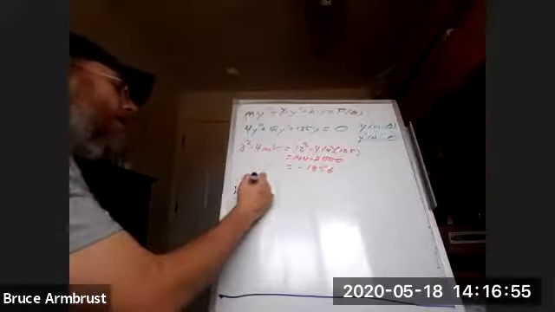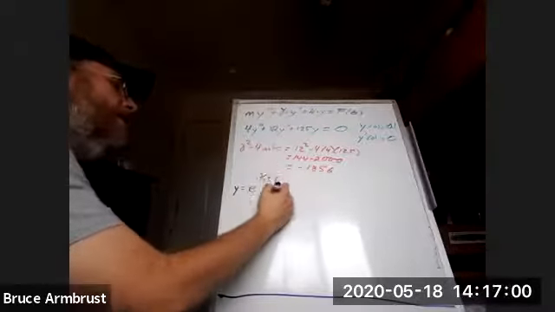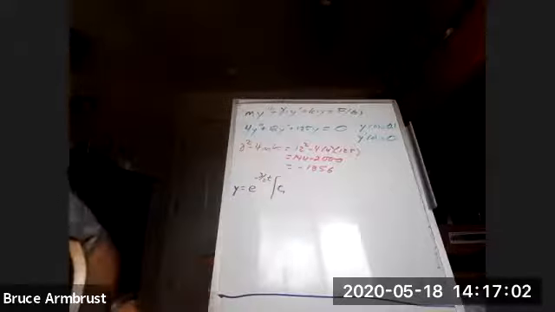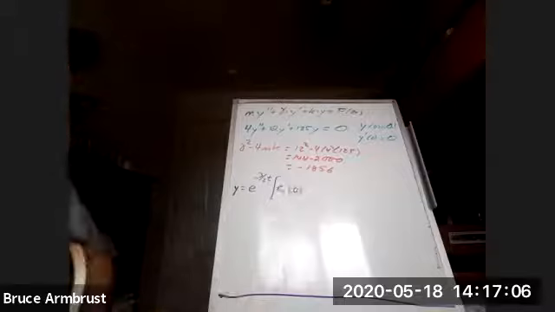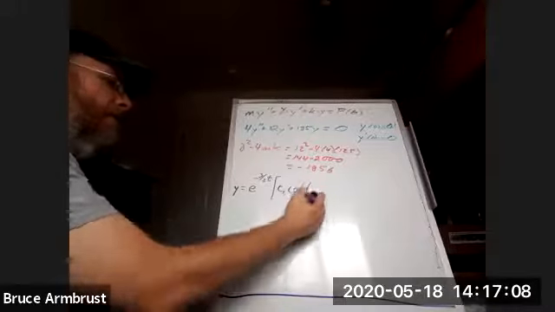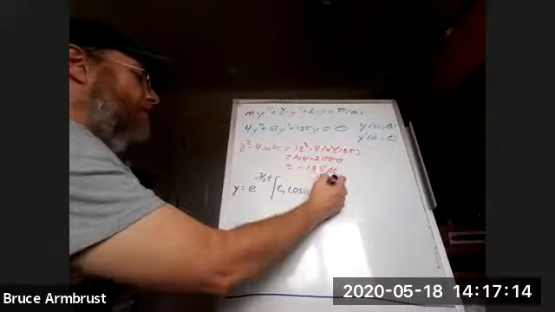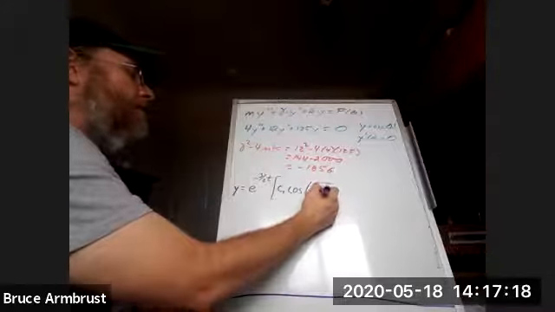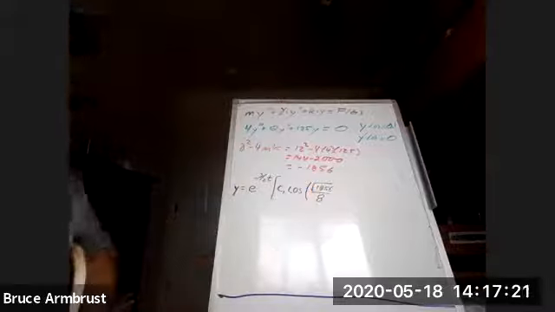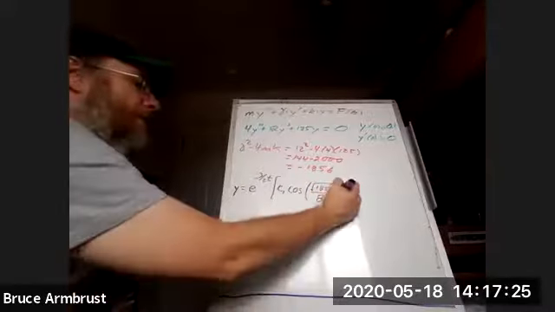So we're going to get e to the minus 3/2 t times C1 cosine of, well, it's going to be the square root of 1856 divided by 2m, and that's all going to be times t.